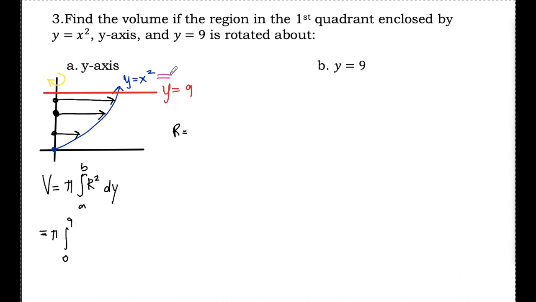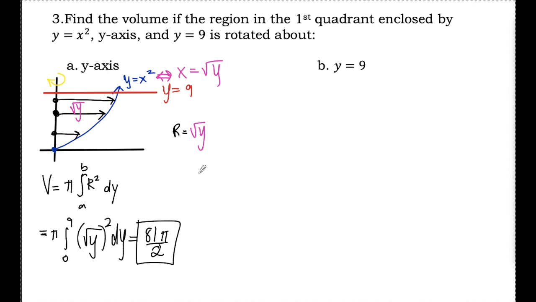It'll be helpful here to rewrite y so that it's an x equals. So that means x is going to be the square root of y, and any distance from the y-axis to this point on the curve will be rad y. So capital R is rad y, and if I plug that in, I have the square root of y squared dy. When we calculate this integral, we get 81 pi over 2.